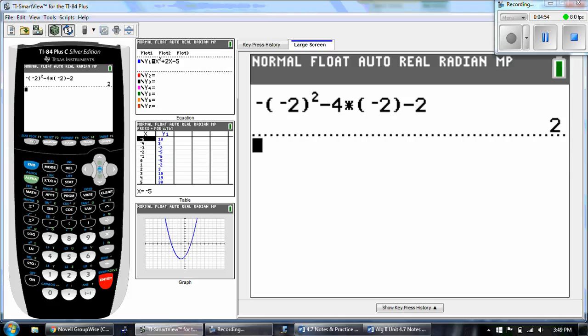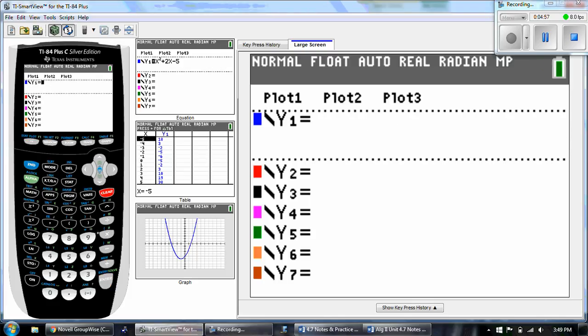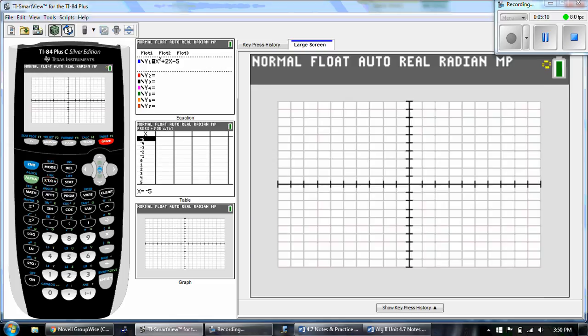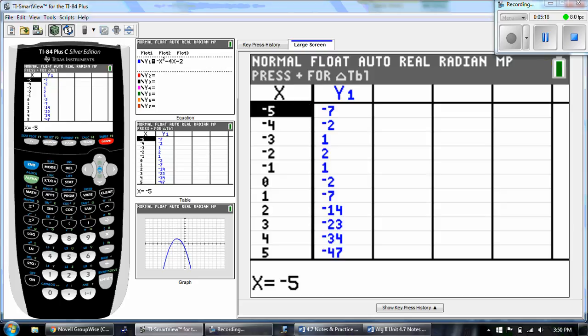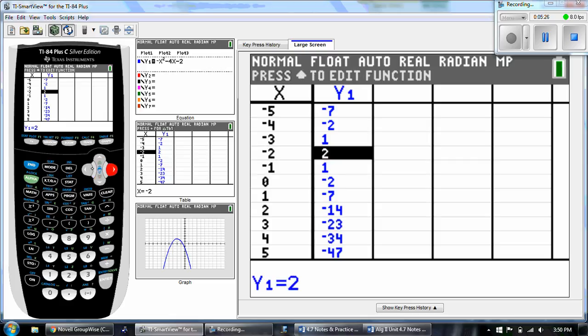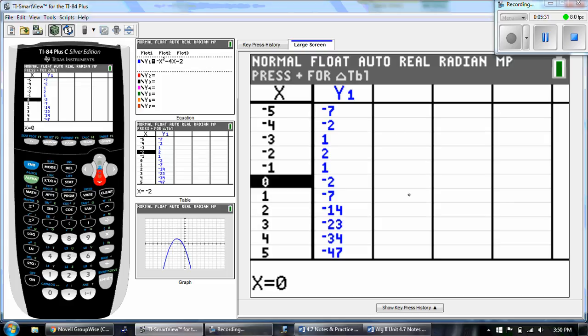But once again, if you want to see what it looks like, plug it into your calculator. We have -x squared minus 4x minus 2. When you graph it, not only do you get to see what it looks like, you can see our vertex right there at (-2, 2). When you go to your table, you see everything. So I'm going to highlight my vertex real quick at (-2, 2). And the next part, when we're trying to find the y-intercept, that's when x is 0.